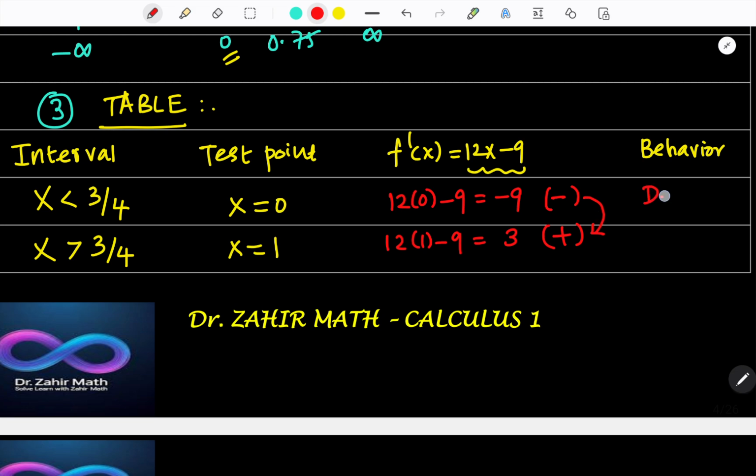Negative means we call decreasing, positive means we will call increasing. Wow, super, right? In the first question we got positive and negative. So when I got positive and negative, what did I say? It is maximum. Now we are getting negative to positive. So we are going to get minimum. Wonderful question, right?